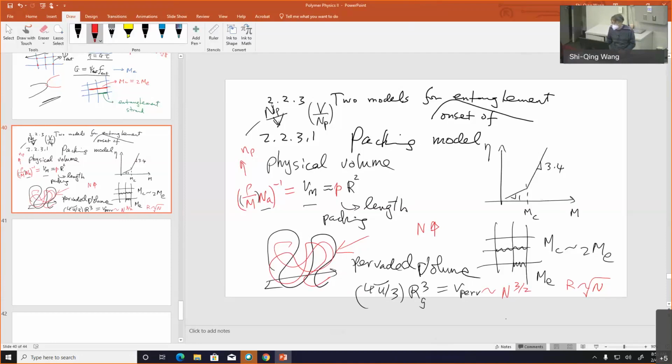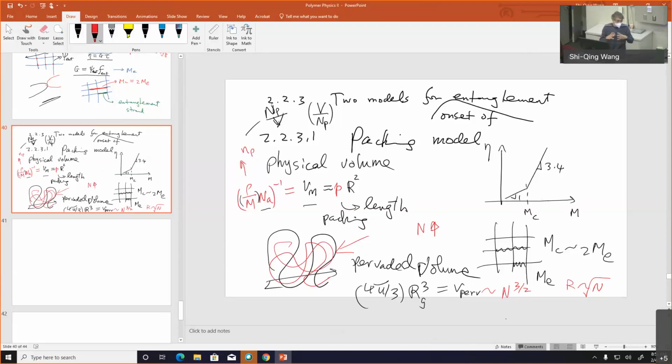It's clear when I double my chain length, when I double my molecular weight, my volume will increase by, when I double it, 2 times square root of 2, which is 1.4, so it's about 2.8. So each time I double it, I tripled my volume, roughly speaking.